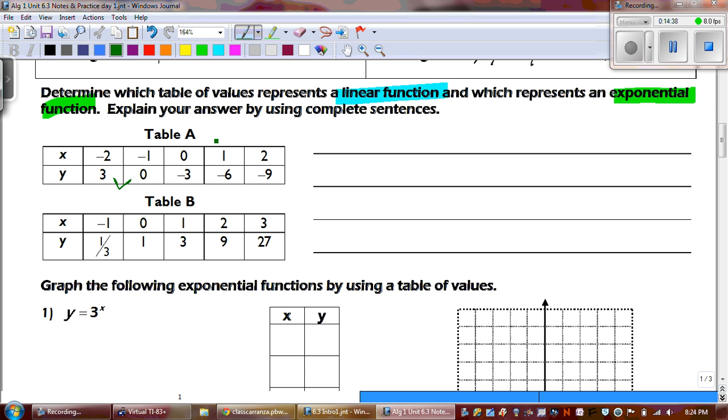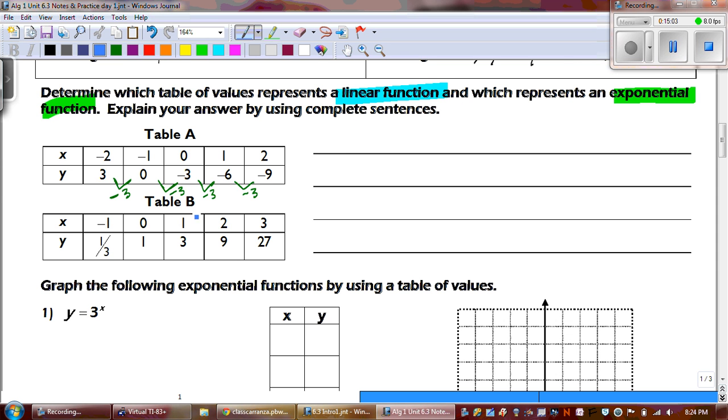3 to 0, what happened there? 0 to -3, -3 to -6. Do you start seeing a pattern, how the numbers are getting smaller? And so we're subtracting 3 each time.